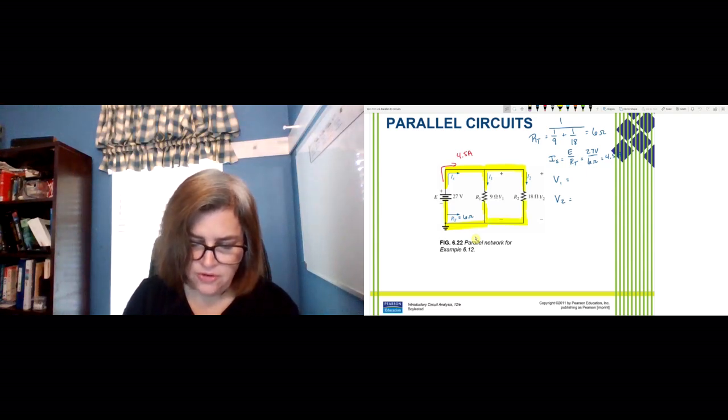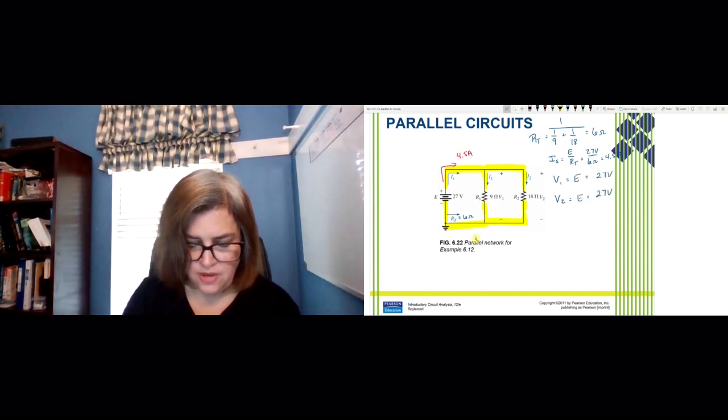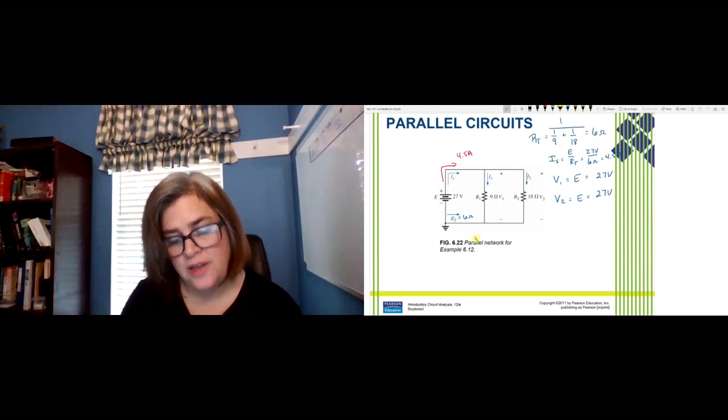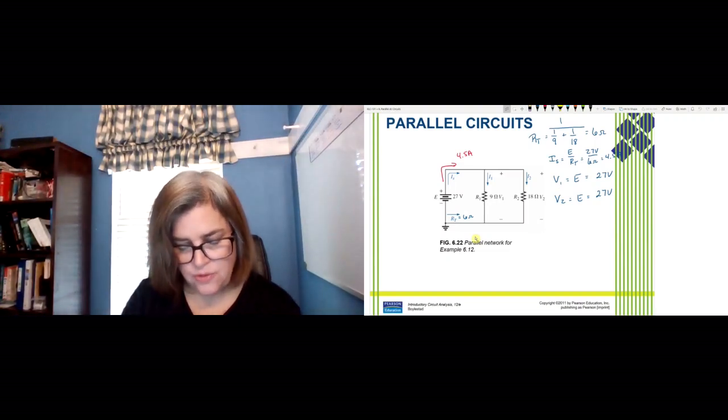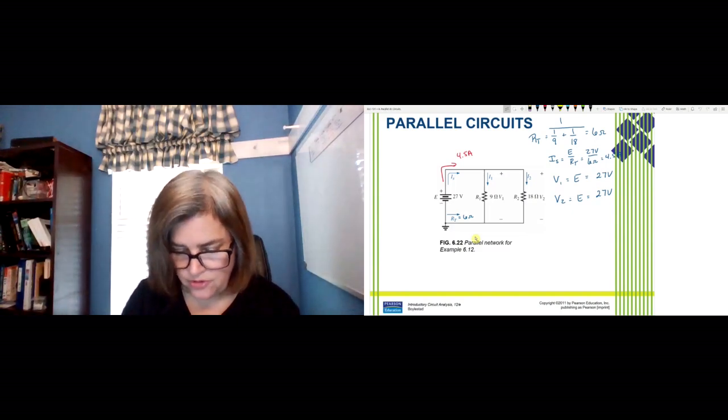So V1 and V2 are exactly the source voltage in this case, which is 27 volts. And that's really the important thing to remember about your parallel circuit there, is that the voltage stays the same across parallel elements, right? There's nothing between the 27 volt and the 9 ohm resistor to change that voltage, so it's going to see the same voltage there.